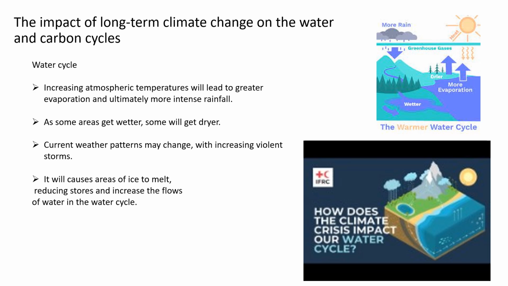So water to start with, we can see, if we look at long-term changes to climate, potentially that is going to mean that if we've got warmer climatic conditions because of climate change, then we're going to get increased evaporation. We're going to have greater temperatures leading to greater evaporation. And when those temperatures get warm, we have much faster rates of evaporation. There's much more energy in the system.